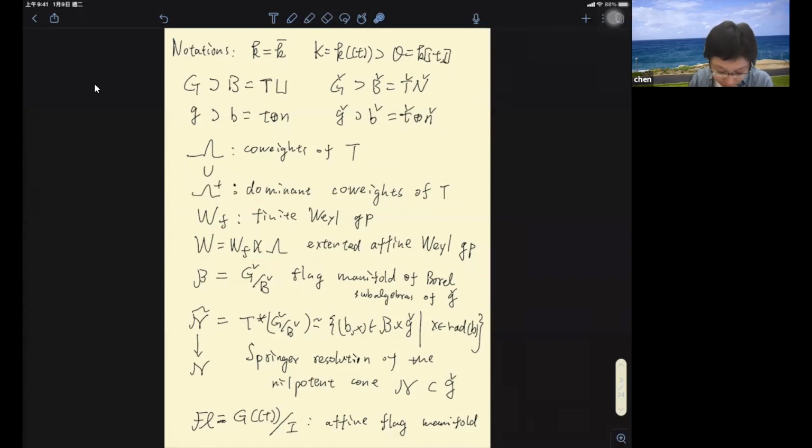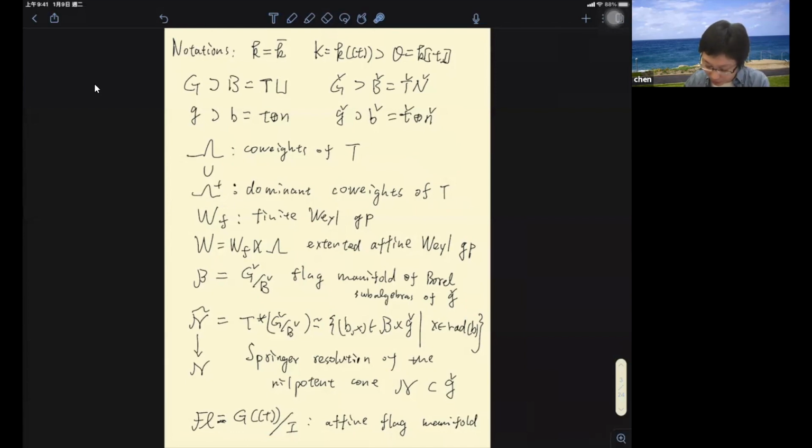Most importantly, curly B is the flag manifold for the dual group, and also N tilde and N will be the Springer resolution and the nilpotent cone for the dual group. I don't want to write G check each time, and the reason will be clear later. And the flag FL will be the affine flag manifold for the group G. Okay, so these are standard notations.